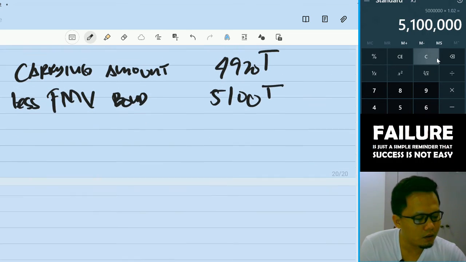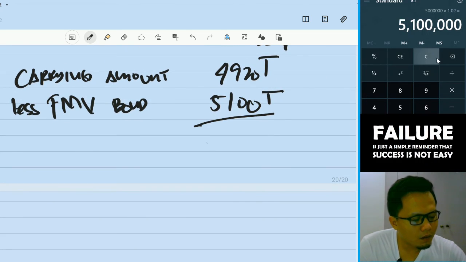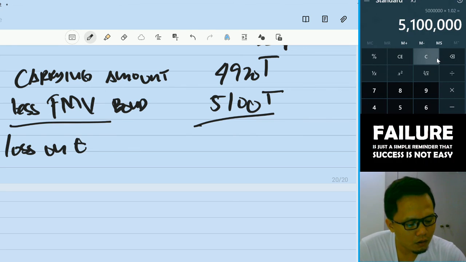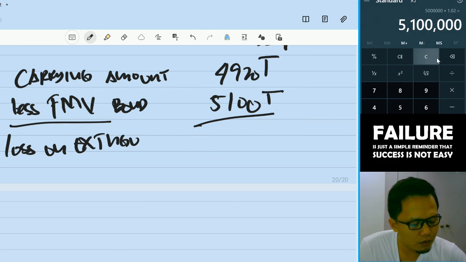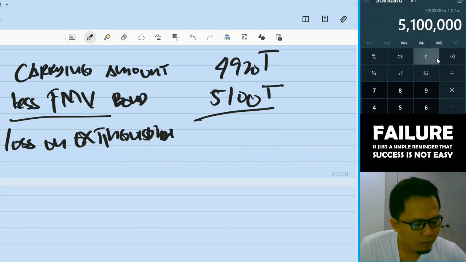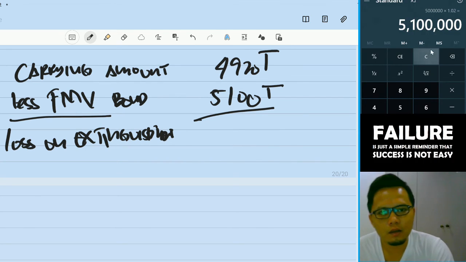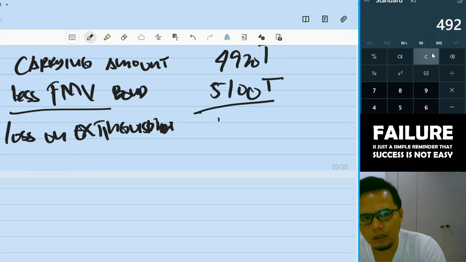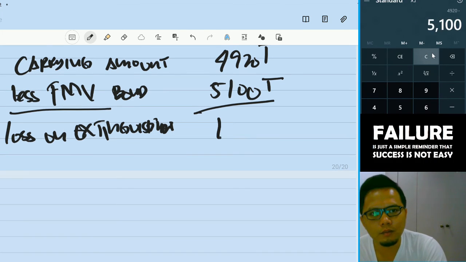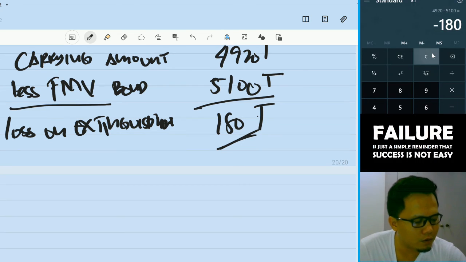So, okay, so we now have a loss on extinguishment. Okay? Na computed as 4,920,000 less 5,100,000, we have a loss on extinguishment of 180,000.